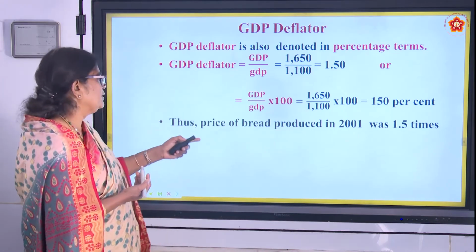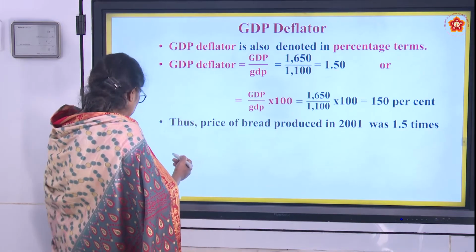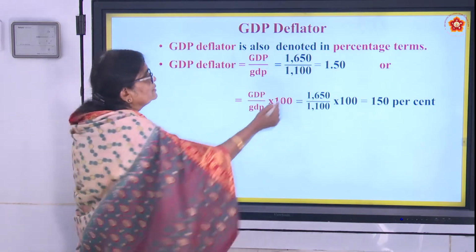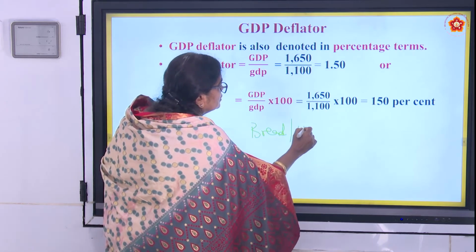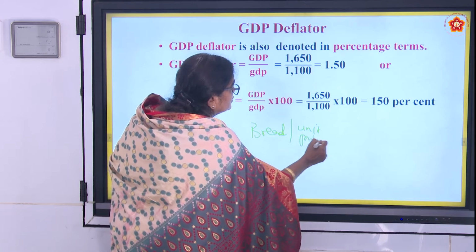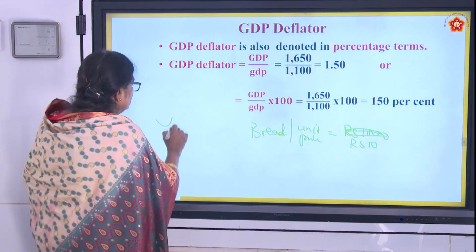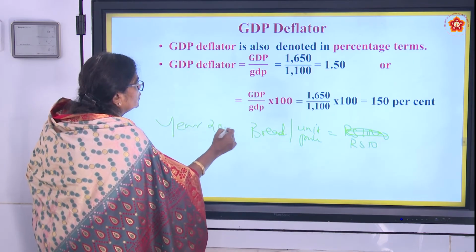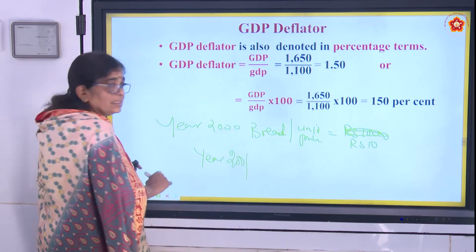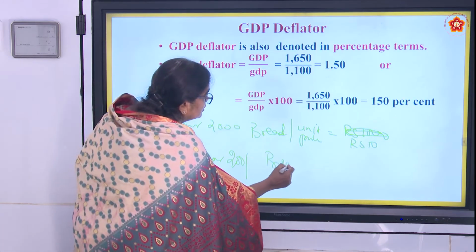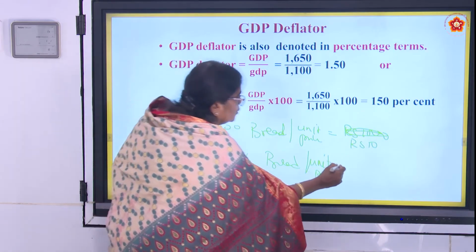What do you mean by that? How do you interpret this value of 1.5? For example, in the year 2000 the bread per unit price is rupees 10, and in the year 2001 the bread per unit price is rupees 15.